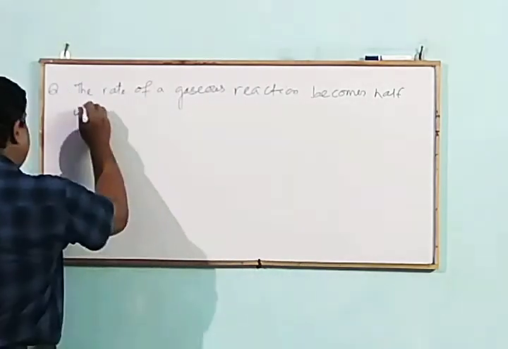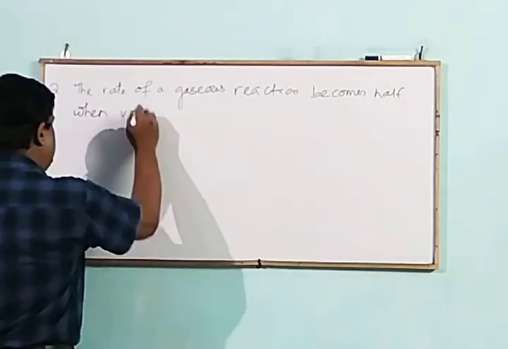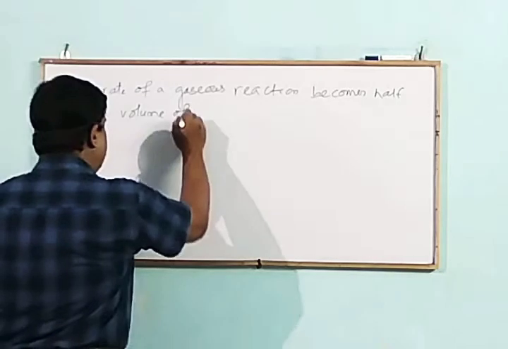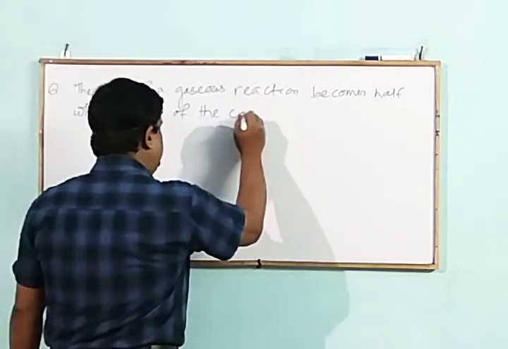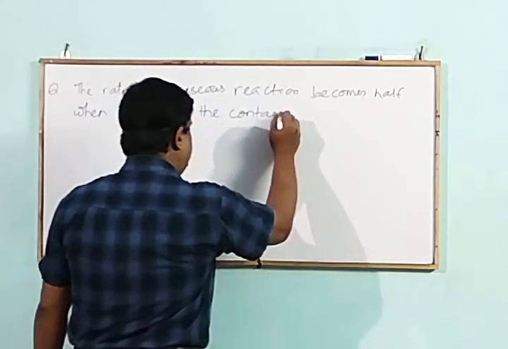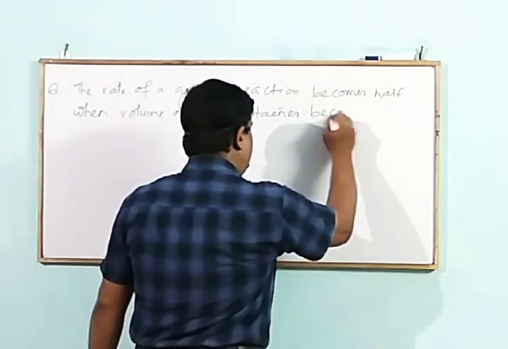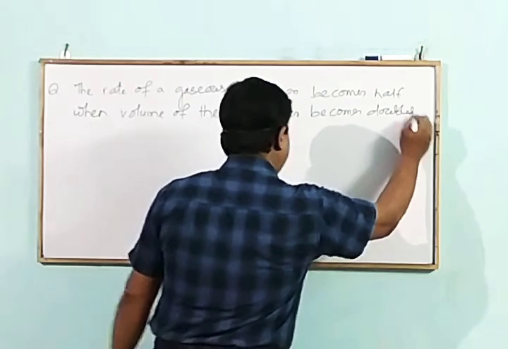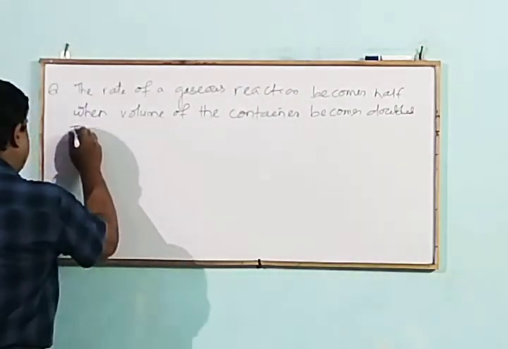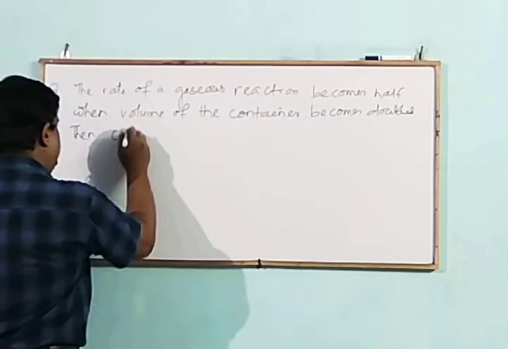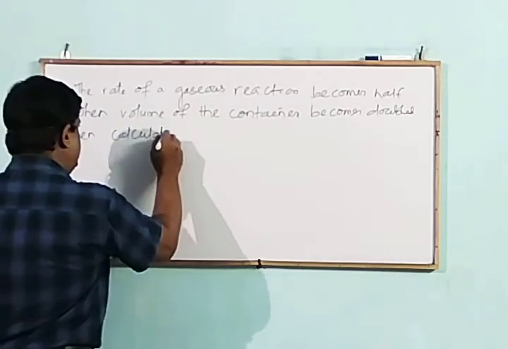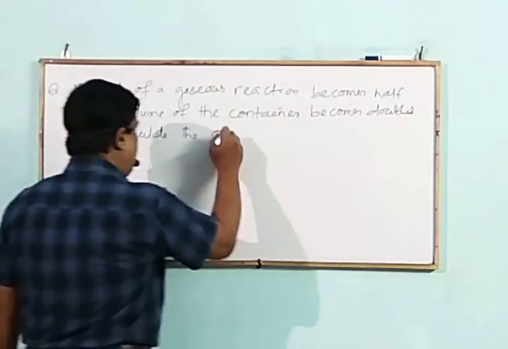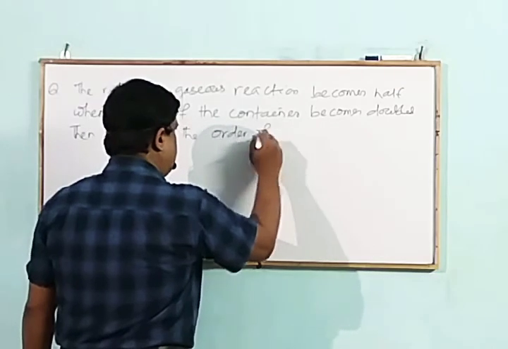when the volume of the container becomes double. Then calculate the order of a reaction.